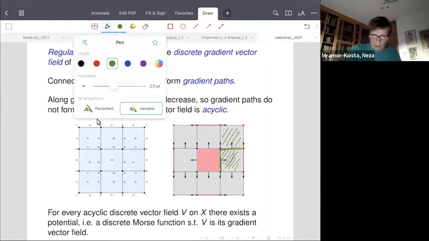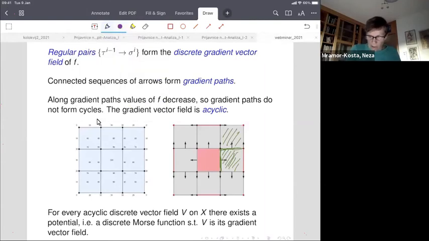And here's another one, which also starts in the same place, and then goes down to this other neighboring 2 cell. So there are many of these gradient paths which crisscross each other. The gradient paths are complex. If you look at the set of all the gradient paths together, this is a very complex and intertwined object.